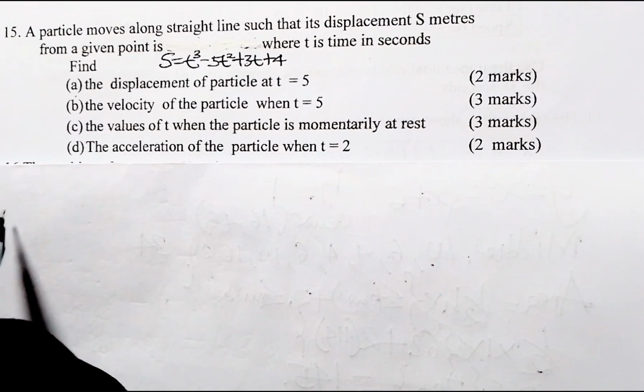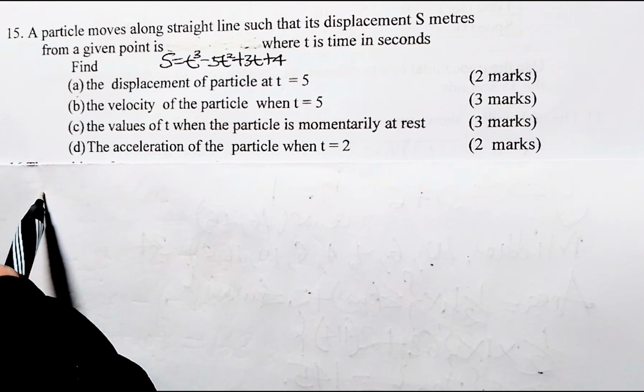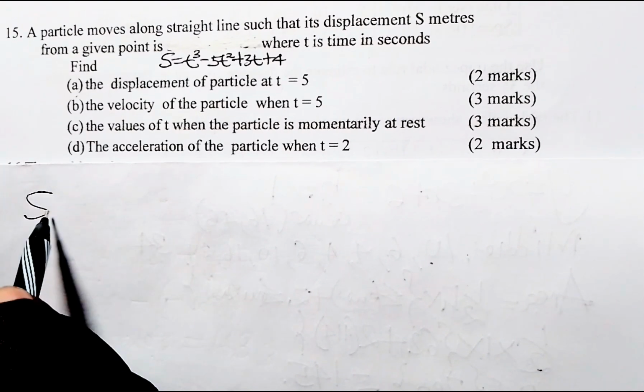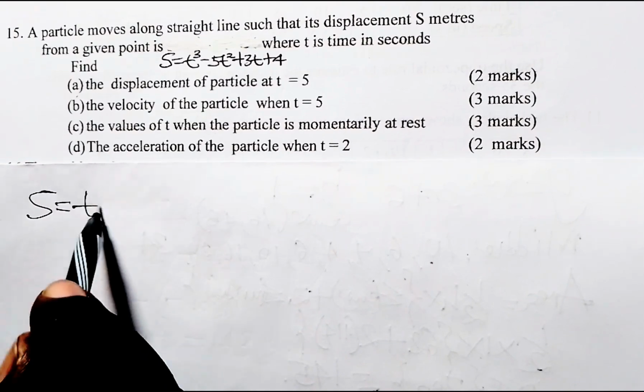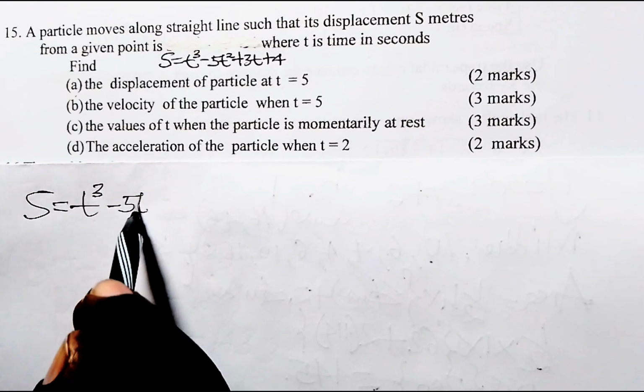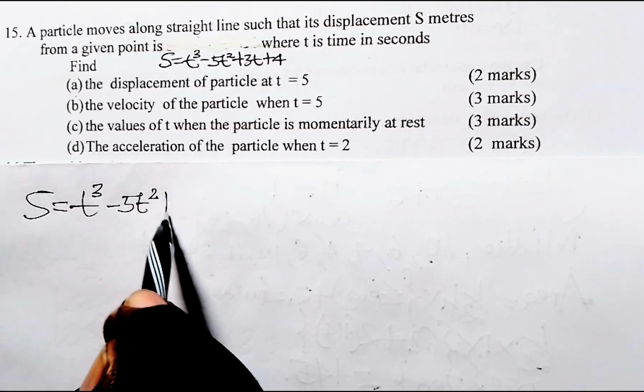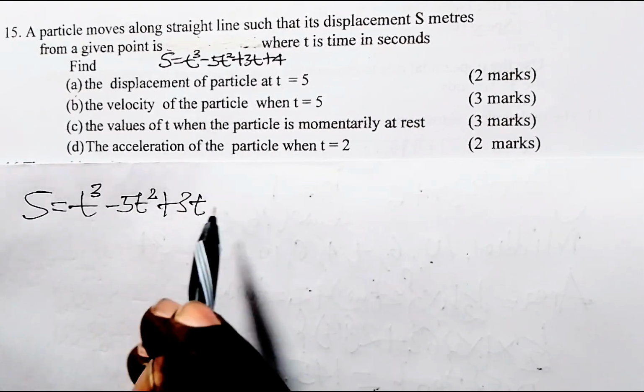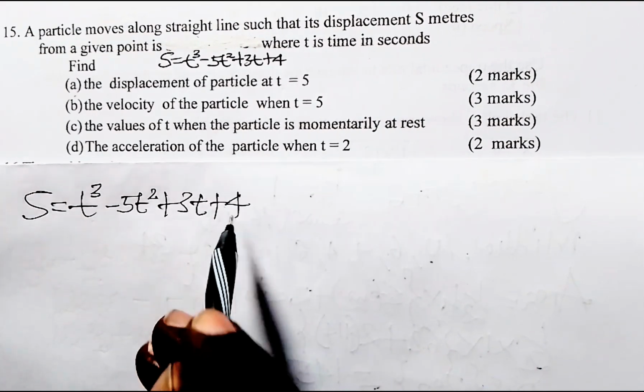Now we take the given displacement function s equals t cubed minus 5t squared plus 3t plus 4.